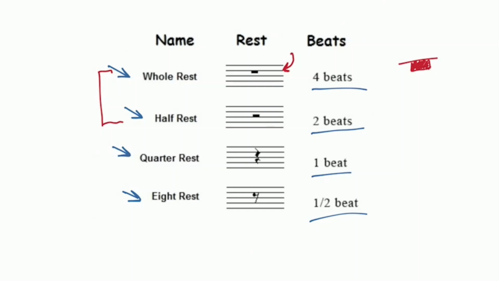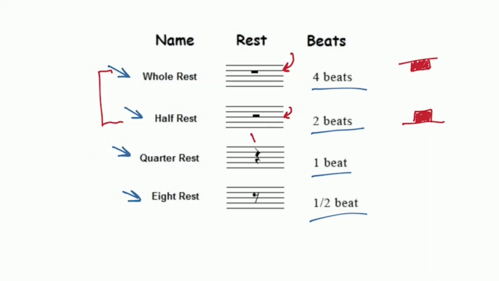You can visualize it that way. And the half rest sits on top of the third line in the staff, and it looks like a hat. So you could say half rest, hat. Whole rest, hole in the ground. That's the easiest way to remember it.